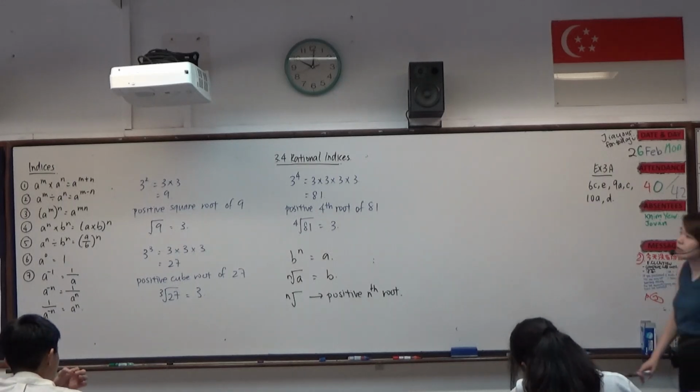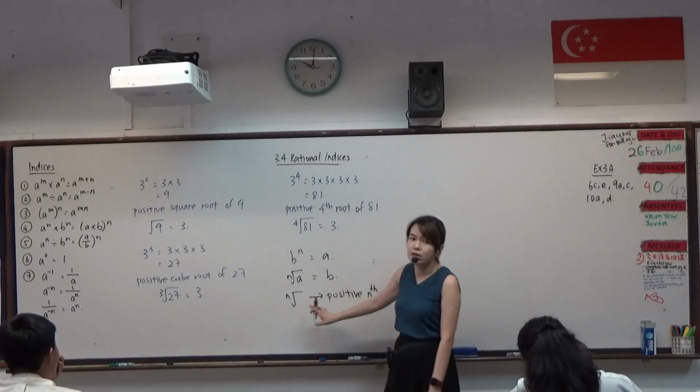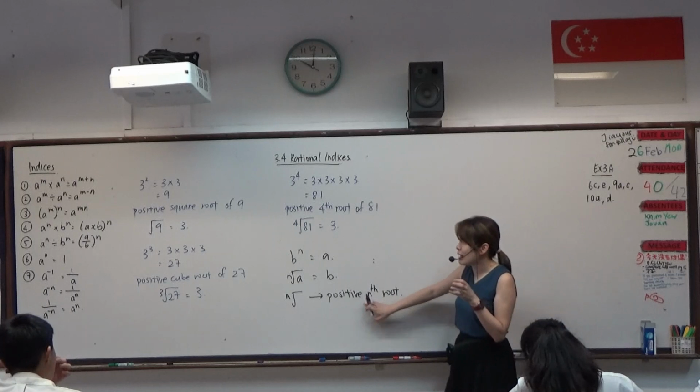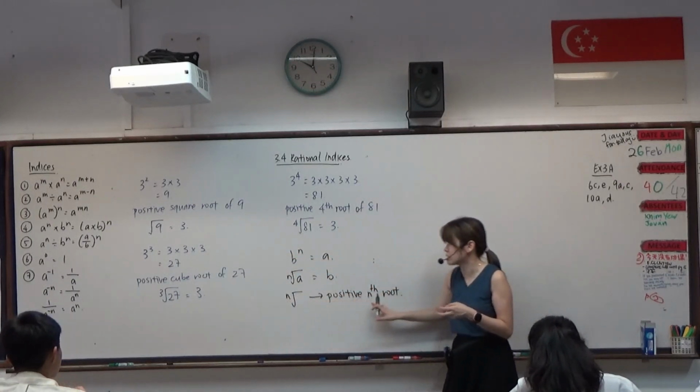So what I'm trying to develop over here is that we must know this sign itself is the positive root sign. What number is it? It's dependent on what you see over here. So this is the positive nth root.